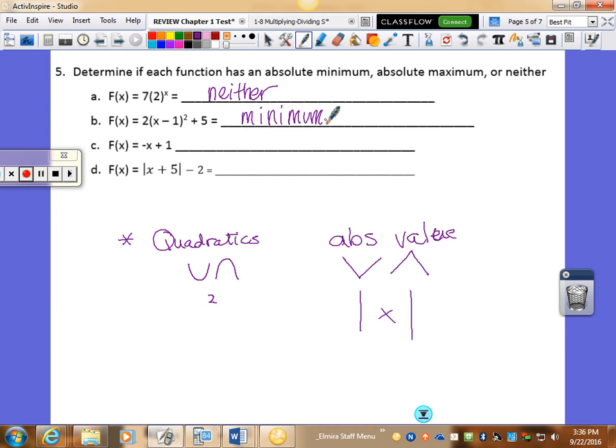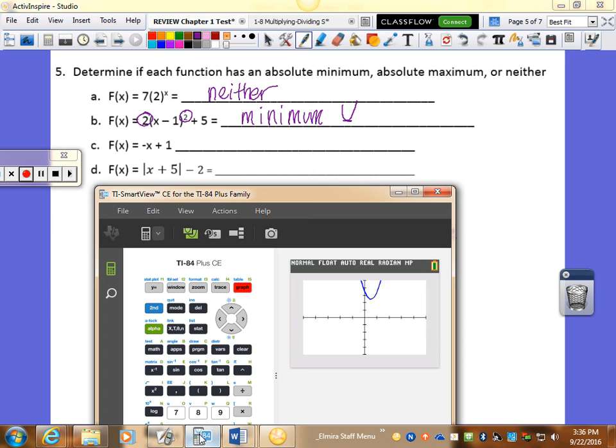Now I knew it would either have a maximum or a minimum because it had an exponent of 2. If you're really good, you said, oh, this number out in front is positive, which means that my U-shape will open up. And if my U-shape opens up, then I have that low point, that minimum right there. But you have a calculator. Use it. Don't guess if you don't know.